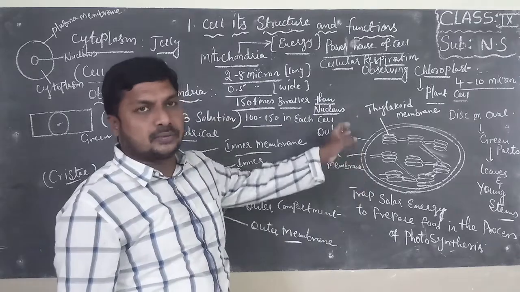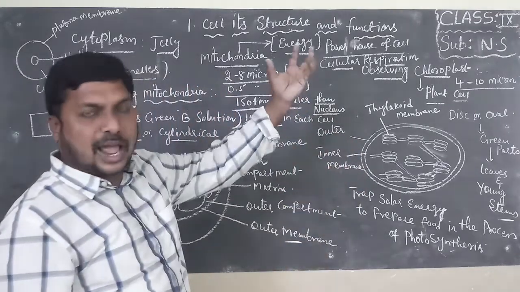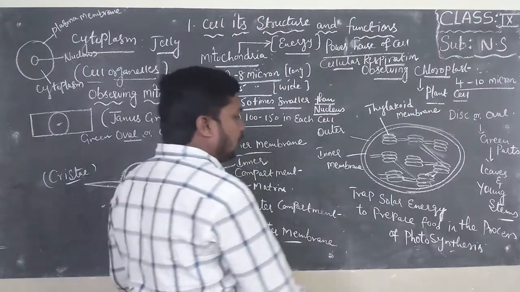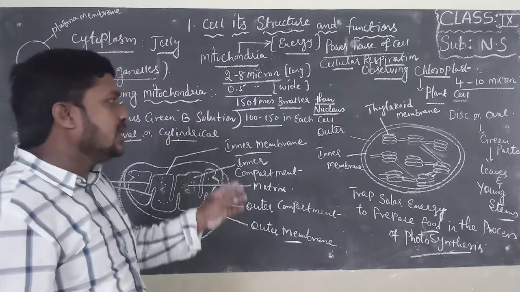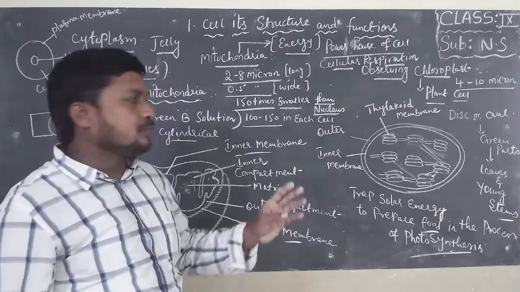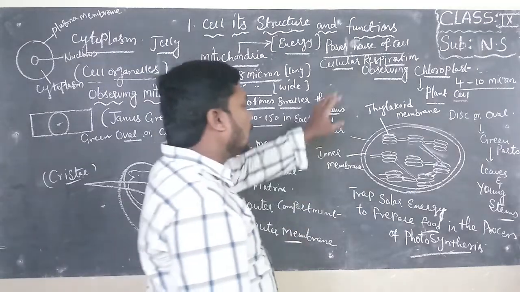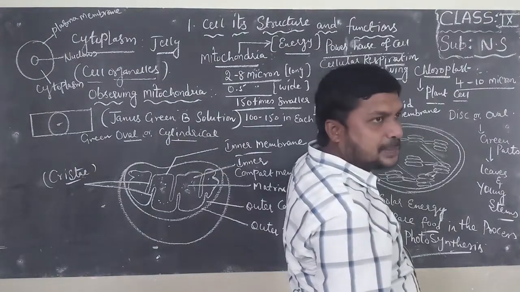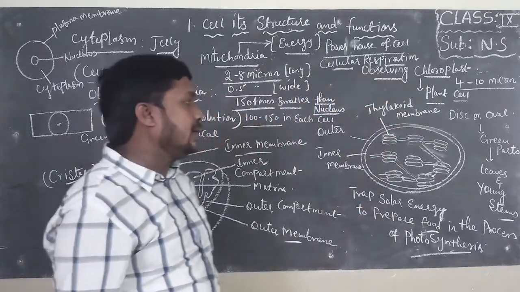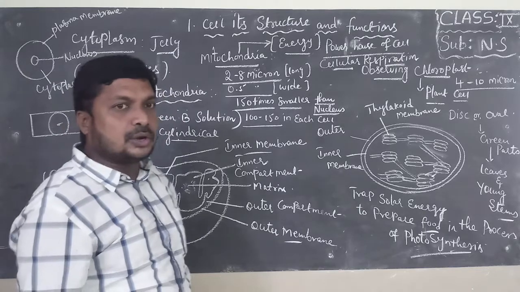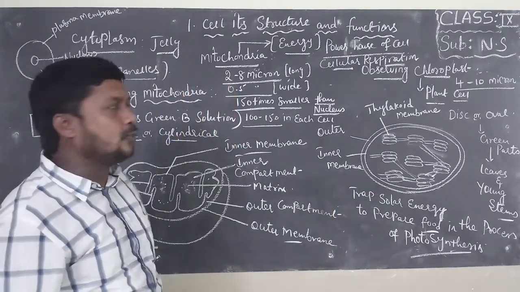Food here means starch. This chloroplast is present only in plant cells, absent in animal cells. So chloroplast is a disc-shaped structure present in green parts of the plant, that is leaves and green stems. Chloroplast traps solar energy to prepare starch in the process of photosynthesis.